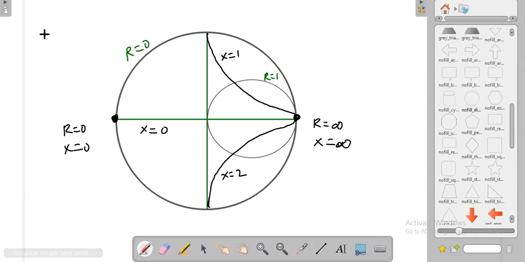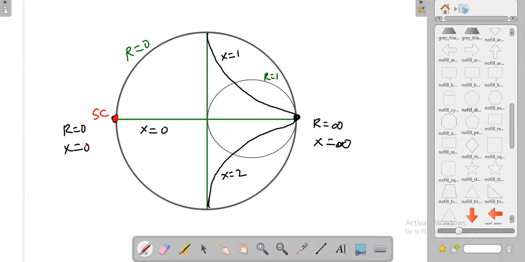If you want to mention a short circuit, when both are 0, that is something similar to a short circuit. Sometimes your load can be short also. If the impedance is of short circuit nature, any impedance, then that has to be denoted on the left side of the Smith chart.